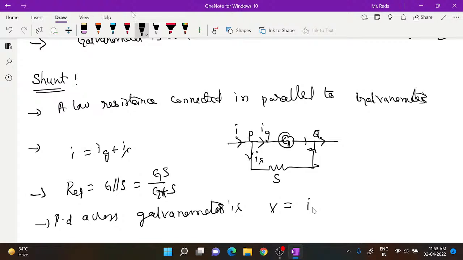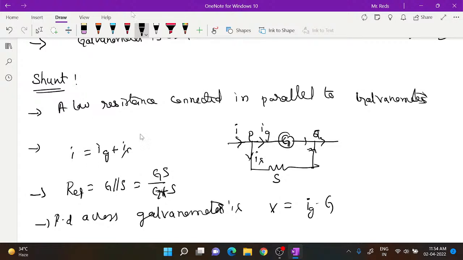Here Ig into G you can take it as such, but Ig separately has to be found out. Otherwise, we have to simplify Ig from the above expression and substitute here.